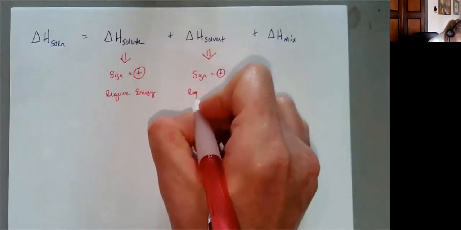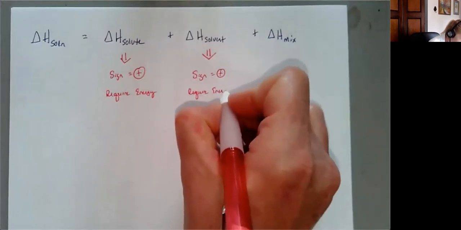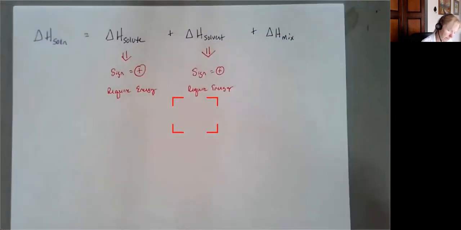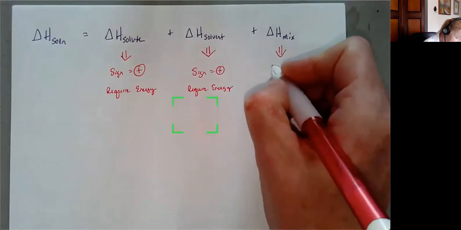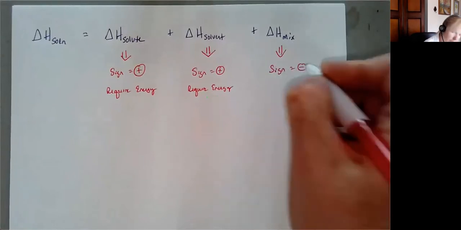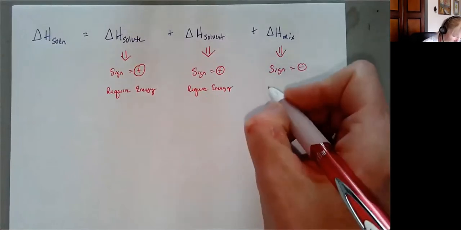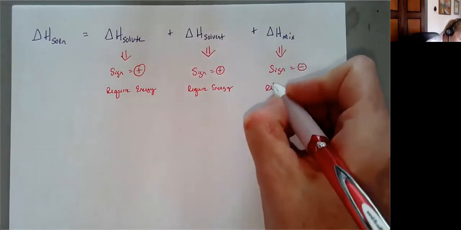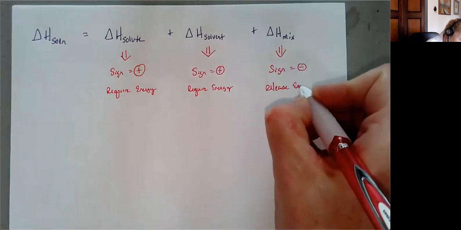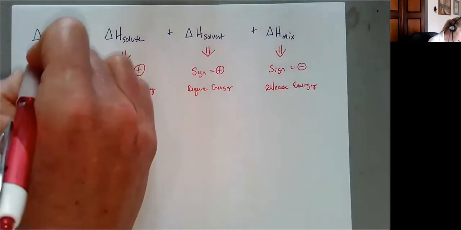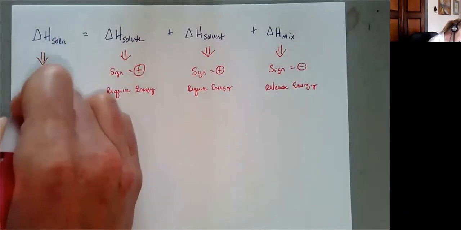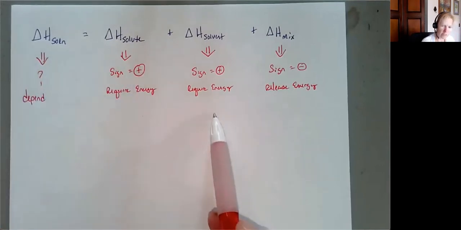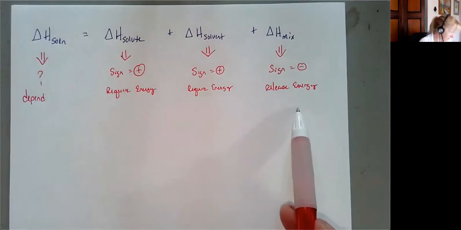That's going to require energy to break apart those solvent molecules. My sign here for delta H mix is always going to be negative because that's the energy that I get when I form those new intermolecular forces. So here I'm going to release energy. And so my sign for overall is going to depend. It's going to depend on the magnitude of this, the magnitude of this, and the magnitude of this.